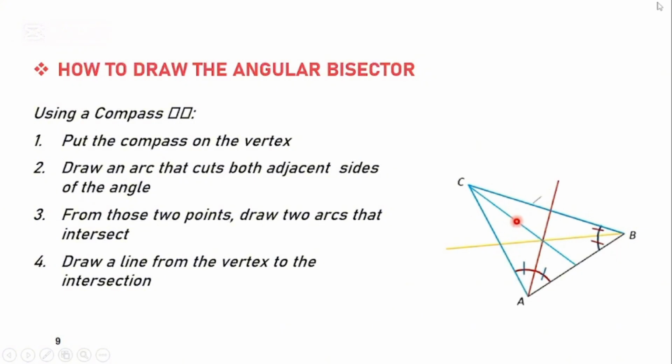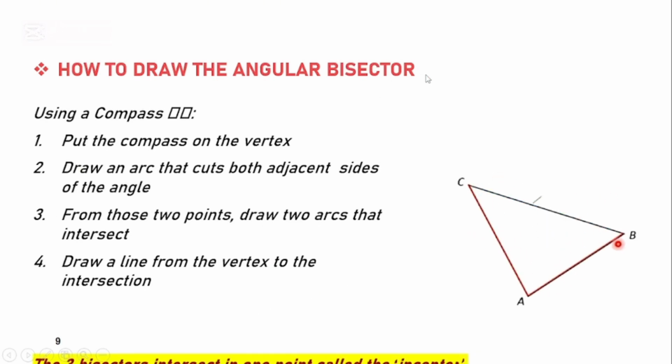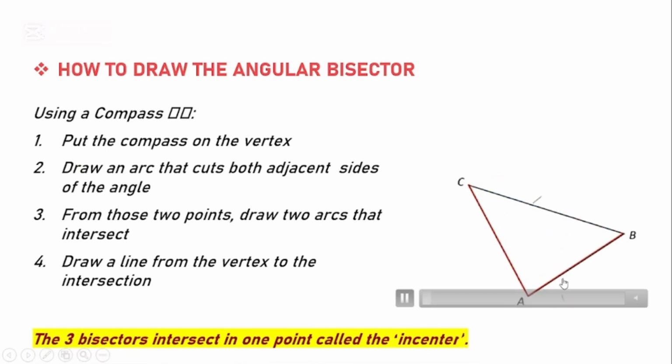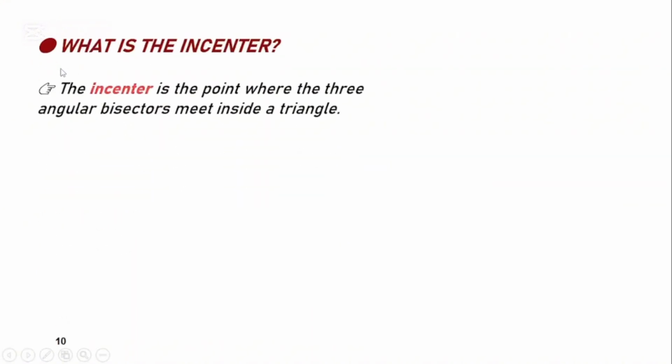So, Abdul Ghani, what did you notice? Right, all bisectors meet at one point. This point is called the incenter. So, what is the incenter? The incenter is the point of intersection of the three angular bisectors.